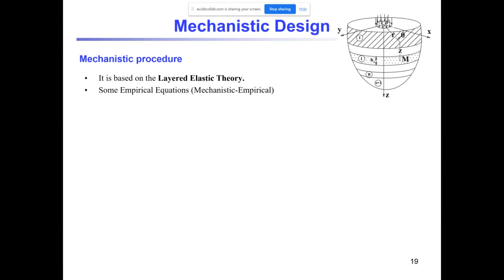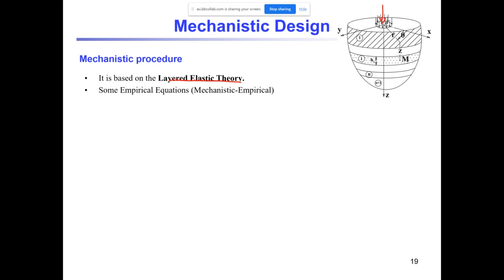So another approach is to use mechanistic design, right? The mechanistic method for determination of the thickness of the layers. This mechanistic design is based on the layered elastic theory from soil mechanics, or from fundamentals of geomechanics. You remember the Boussinesq theory, where we apply a vertical load at the top surface and determine the stresses and strains at different points inside the medium.